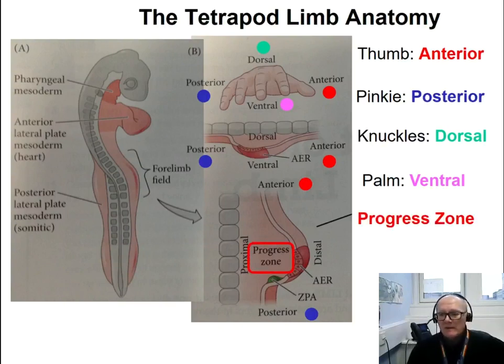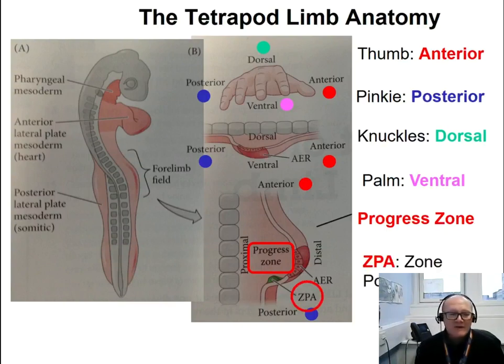Now, in the developing limb bud, there are three important regions. We have the progress zone, which represents the majority, the main region of the limb. It contains mostly mesenchymal cells, mesodermal cells, and it undergoes a lot of cell division. We have a posterior region of this progress zone that is called the ZPA, or the zone of polarizing activity.